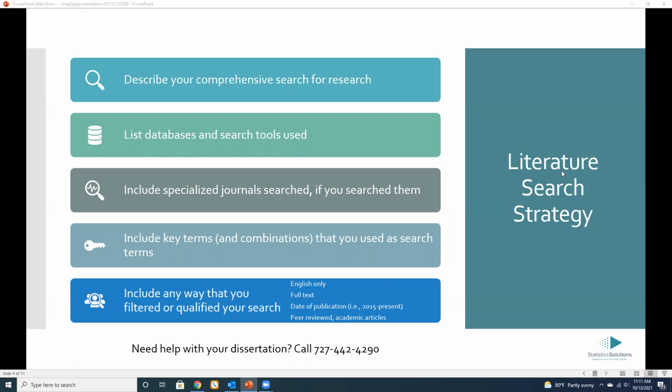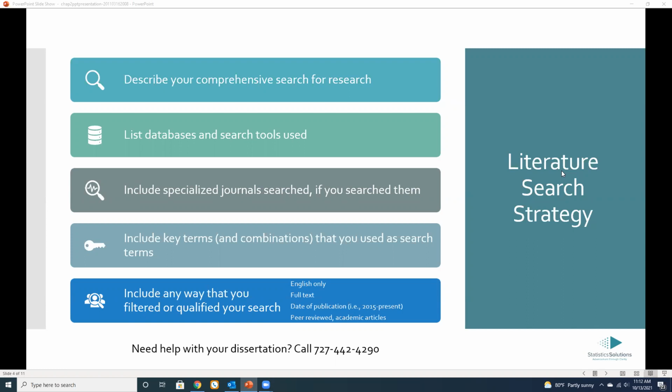Information from websites, again, sparingly, and I would only use website information if it was from a government site or something like Department of Labor statistics, something that provides you recent statistics. But you don't want to be reviewing literature from a website. So peer-reviewed academic journals, that's key. That's what you really want to focus on.